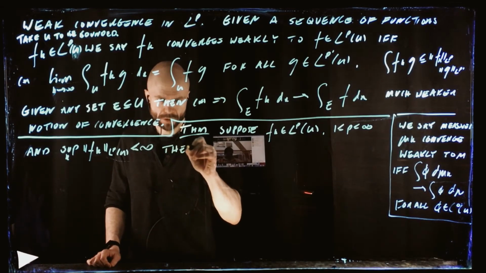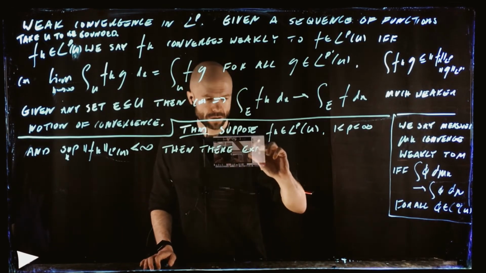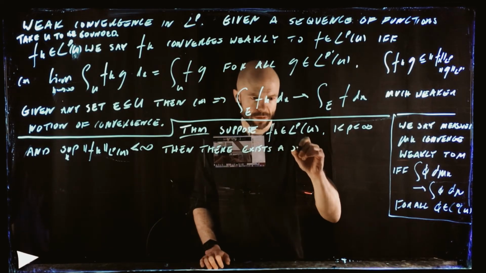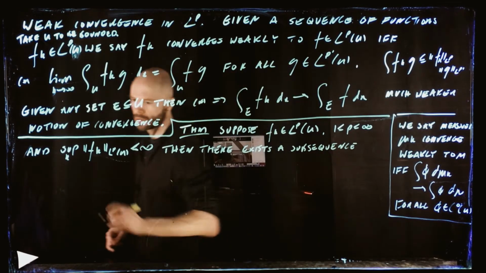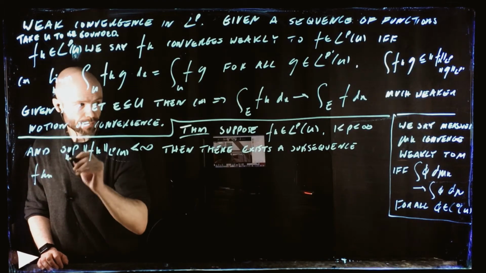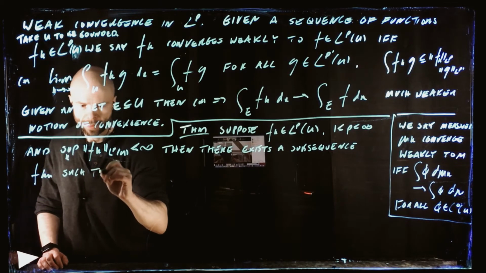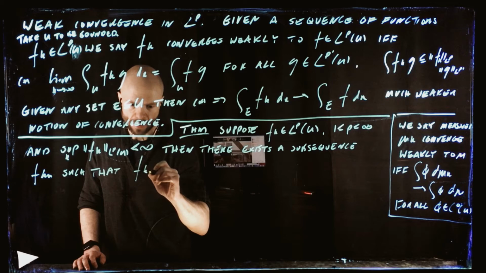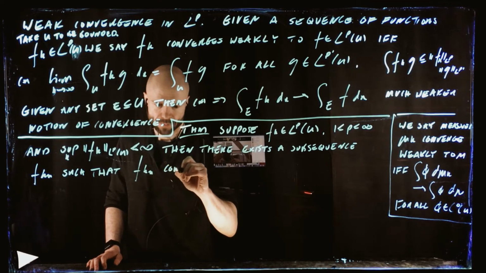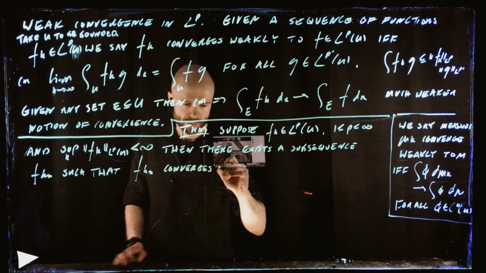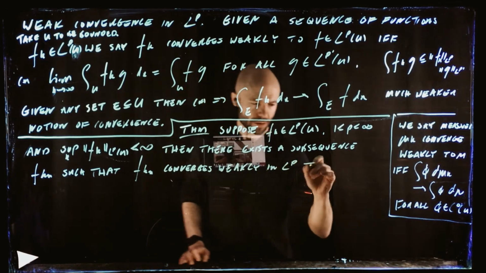Then there exists a subsequence f_{k_n} such that f_{k_n} converges weakly in L^p to f.